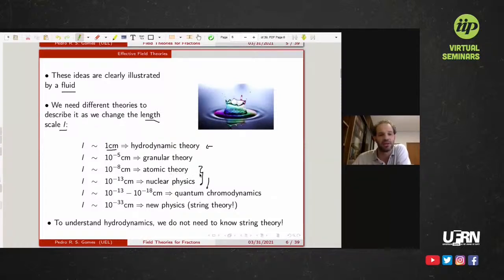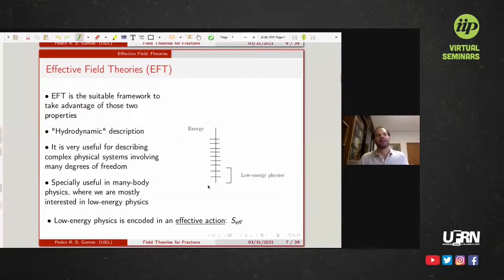And in order to describe the physics properly, we have to take them into account. Okay, so we can say that to understand hydrodynamics, we do not need to know string theory because of the decoupling of scales.